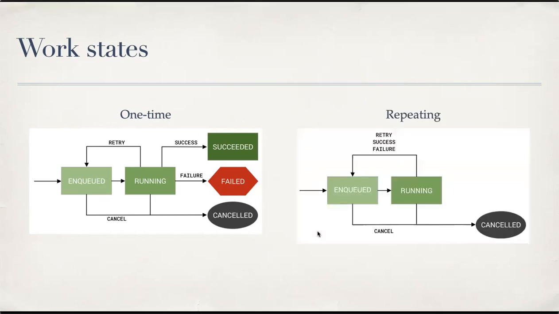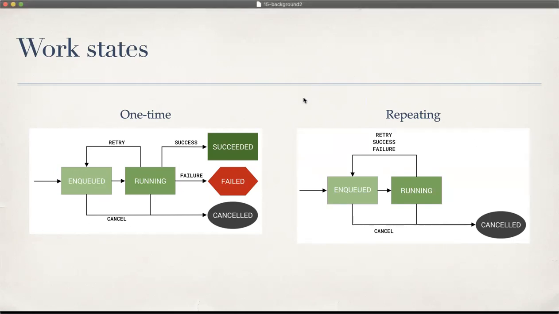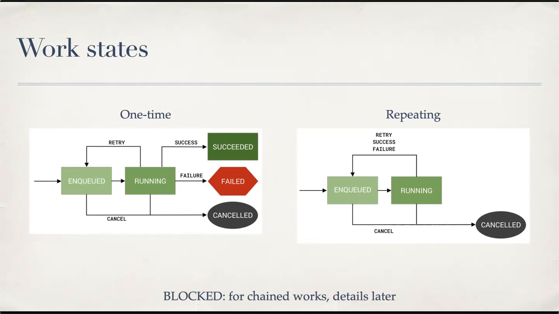On the repeating or periodic tasks, you have only one final state. There is no success or failure. Even if it succeeds, it has to be enqueued again because it's repeating. Even if it fails, it has to be enqueued again, because it's supposed to be periodic anyways. So this is the state diagram for the repeating requests. There is one more state that doesn't show up here, and it is the blocked state. It's used for chain works, which we'll get to later.